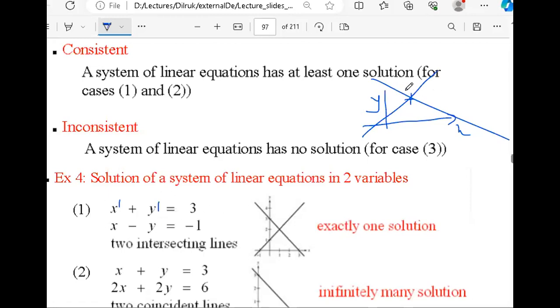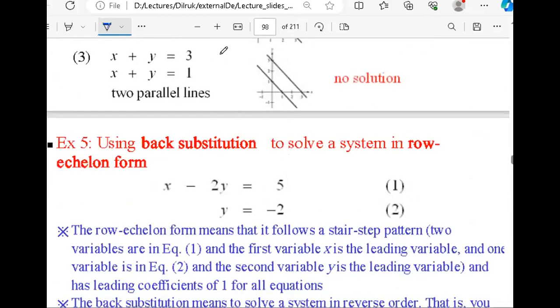The system has a unique solution. If you have a simple 2 by 2 system, you can visualize that. What if these two lines are parallel? You cannot find any common points for these two straight lines, so there is no solution to this system.